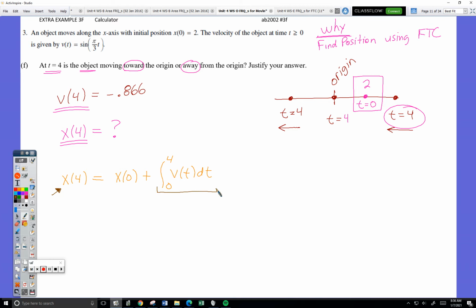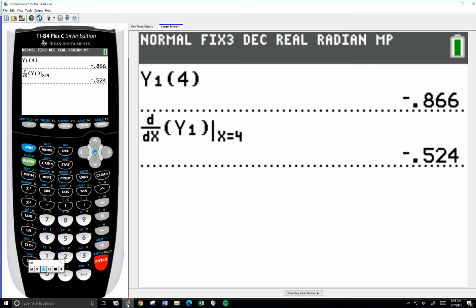The how to integrate is easy, because this is the calculator section of the AP test, and we have an equation for what we are integrating, so we can just use our calculator. Go back here, math 9, do the integral, 0 to 4. We want to integrate velocity, which is in y1.